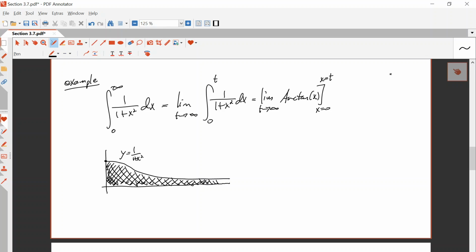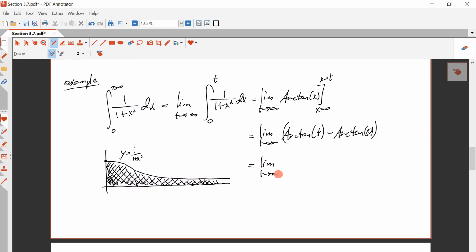So this is equal to the limit as t goes to infinity of arctangent of t minus arctangent of 0. Well, arctangent of 0 is just 0. So it's the limit as t goes to infinity of arctangent of t. And what is that limit?